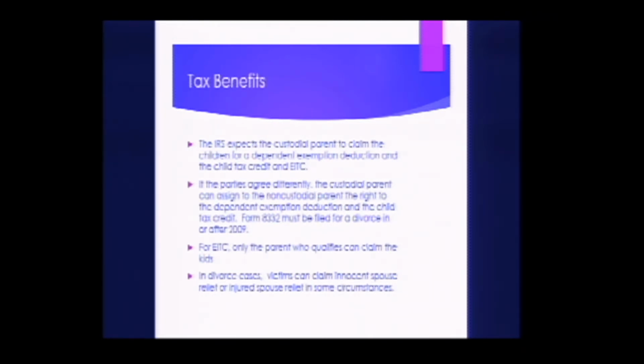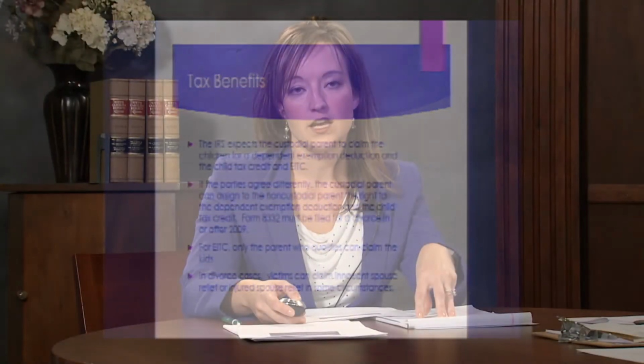Now, the other two benefits that usually go to the custodial parent are the dependent exemption deduction and the child tax credit. The IRS usually assumes that the person who has custody will get those benefits. However, in some cases, it makes sense for the other parent to sometimes claim the child.